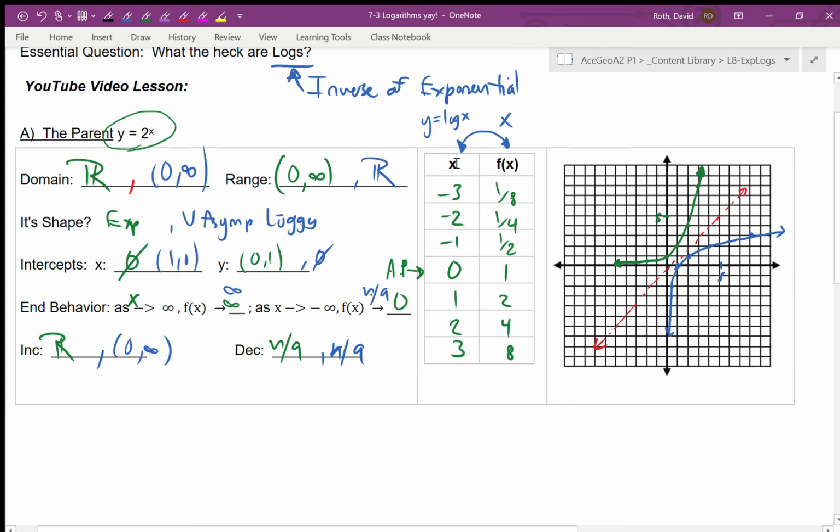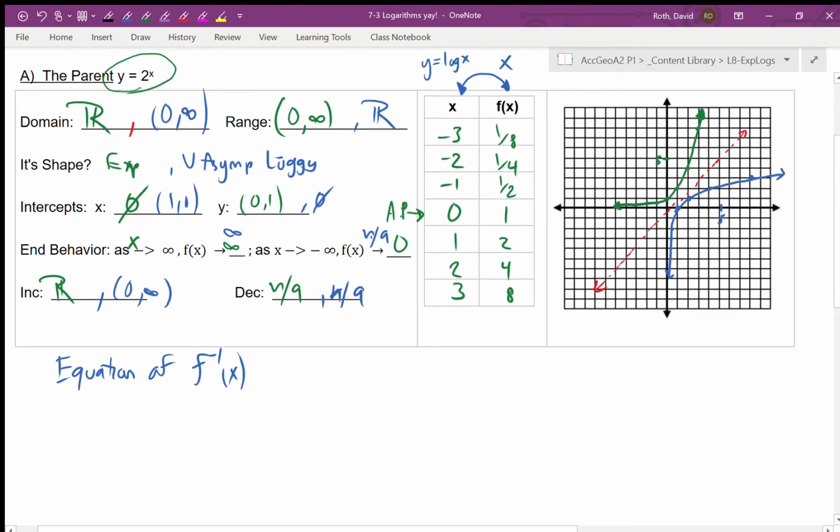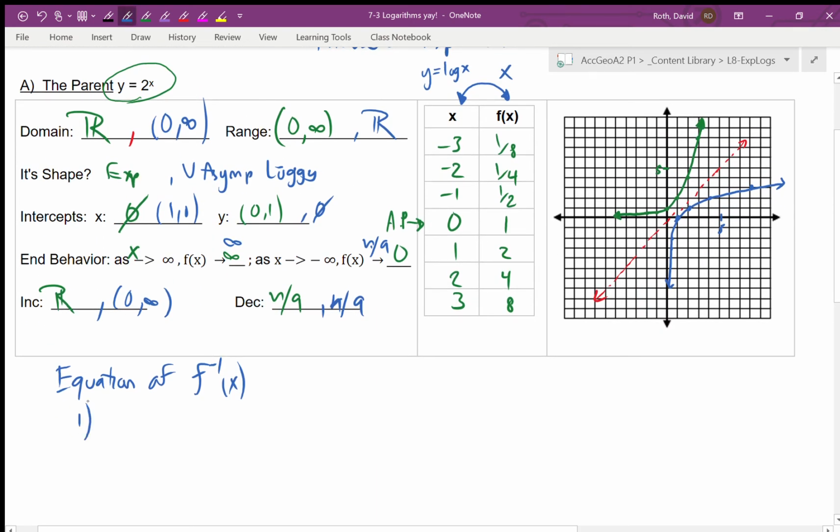So what is my equation? What is the equation of f negative 1 of x, my inverse function? I don't know. Do we remember our two-step process? Step 1, we swapped x and y, right? So if I do that on my parent function, that would become x is equal to 2 to the y power.